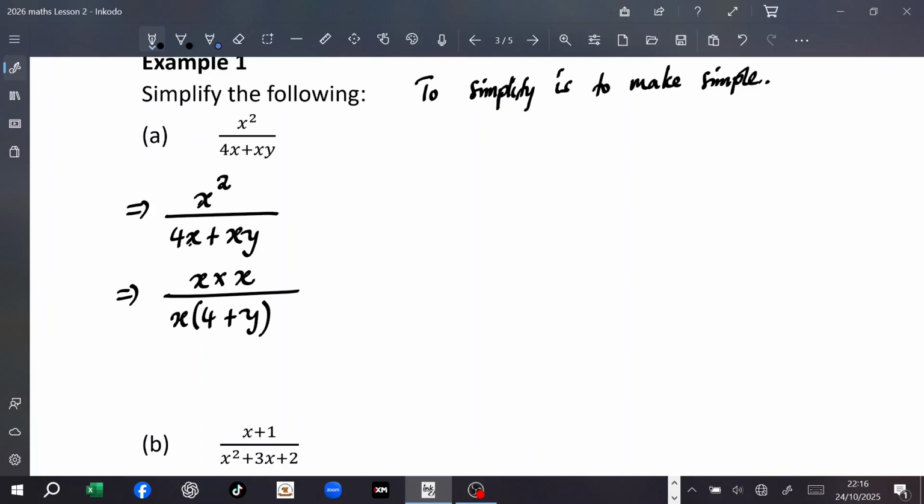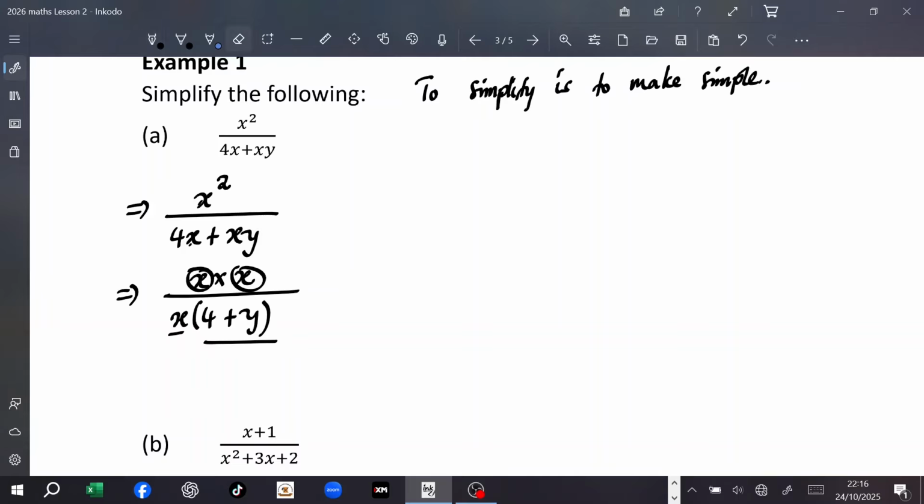Then you realize that at the bottom you have two terms: this term multiplying what is inside the brackets. Then on the numerator you have this term again multiplying this term.